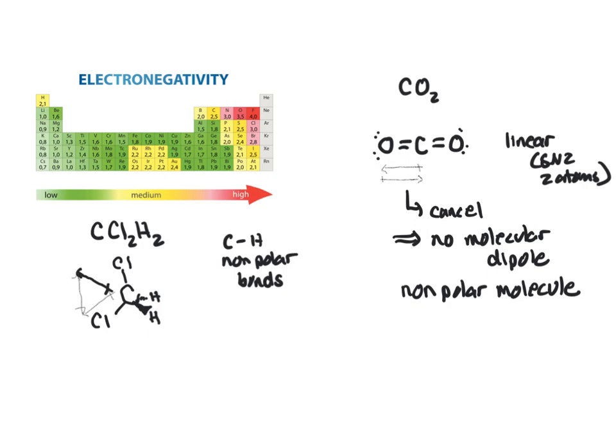My molecular dipole is one that bisects the chlorine-carbon-chlorine bond angle, and these chlorines are more negative than this carbon-hydrogen end of the molecule. So the overall molecular dipole points between the two chlorines.